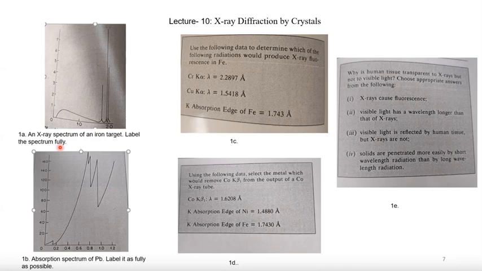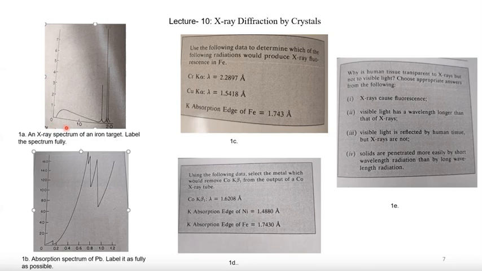In any spectrum like this, we first have to identify what is on the X-axis and what is on the Y-axis. We know that on the X-axis it is wavelength, and for this X-ray spectrum, the Y-axis is the intensity.